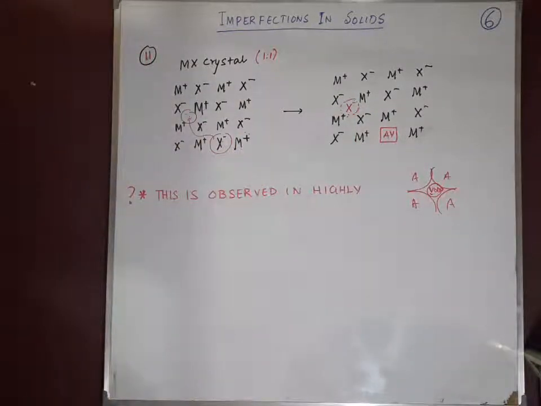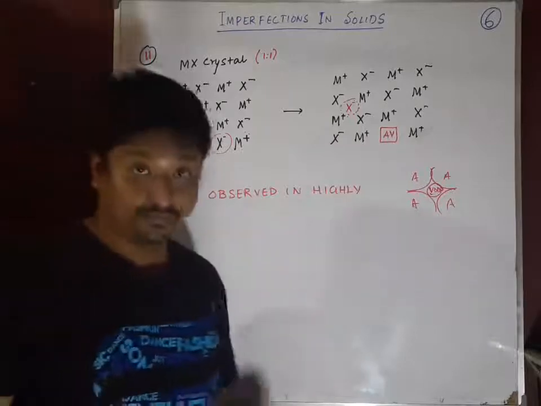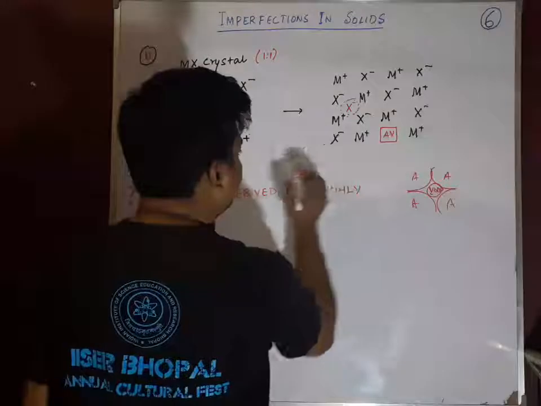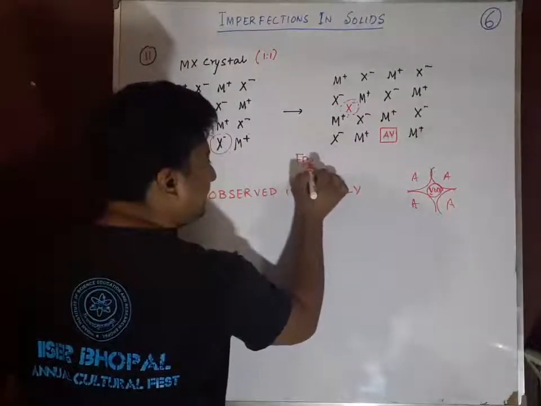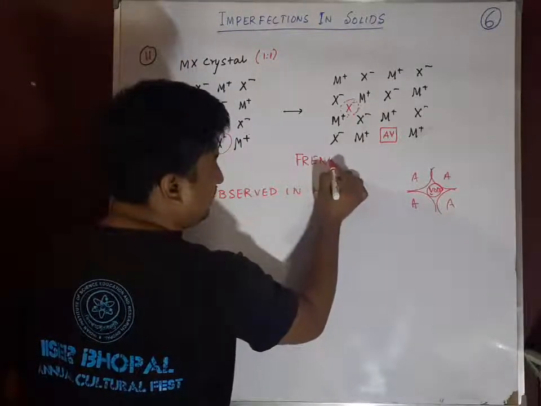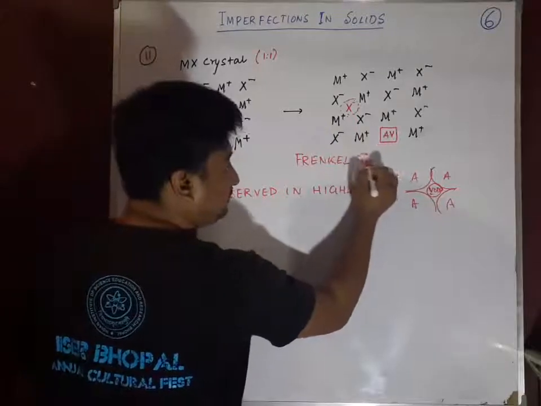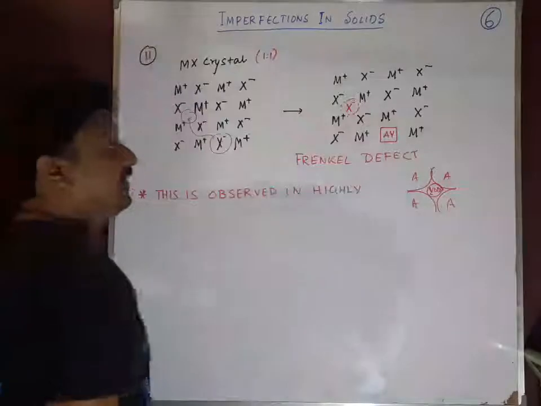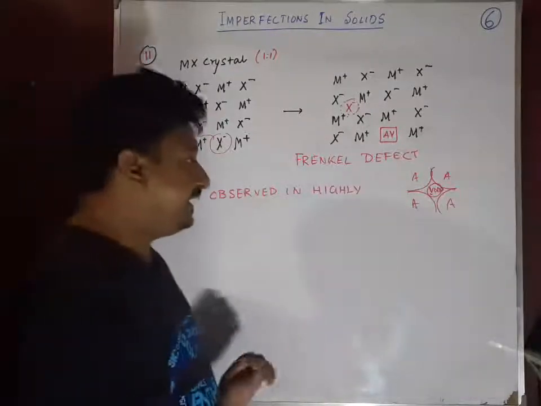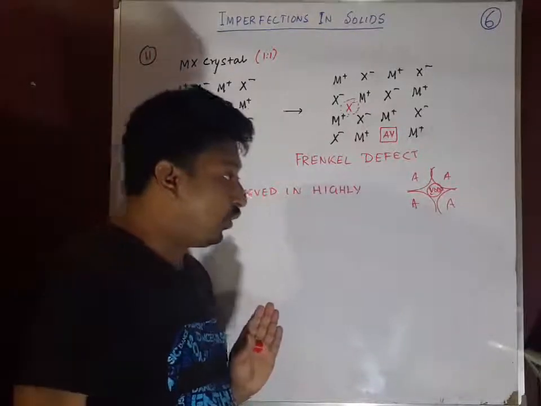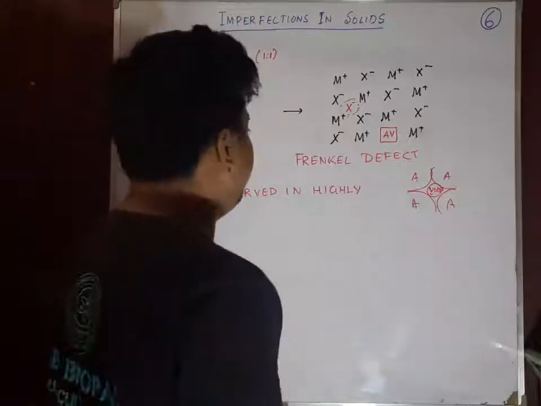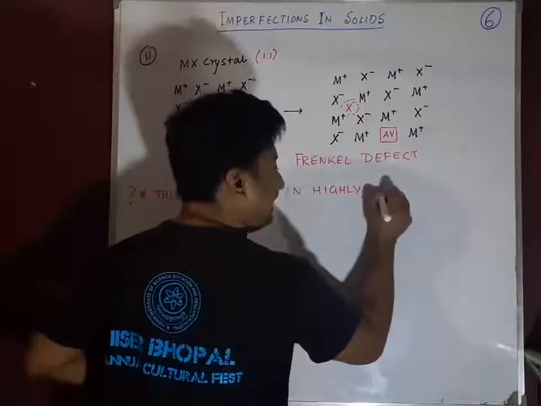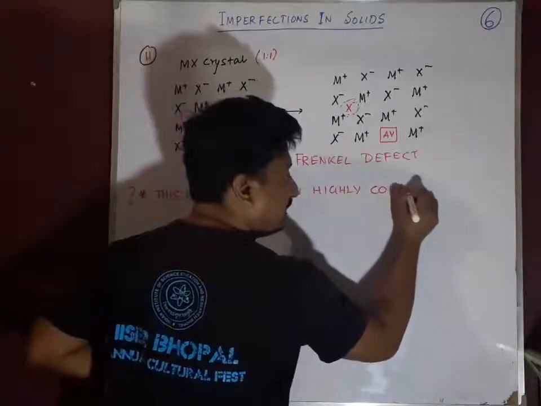Now these kinds of defects are known as Frenkel defect, and it has been observed that these Frenkel defects are observed in case of highly covalent compounds.